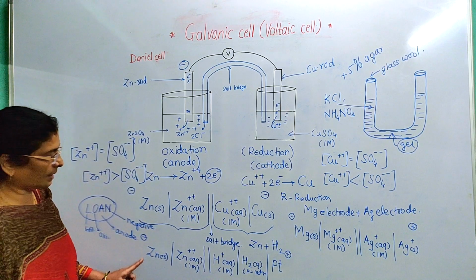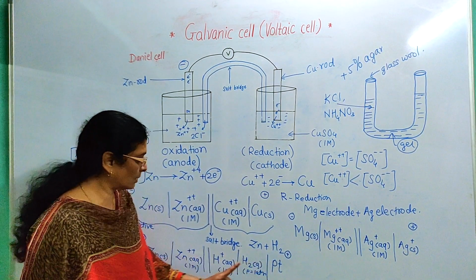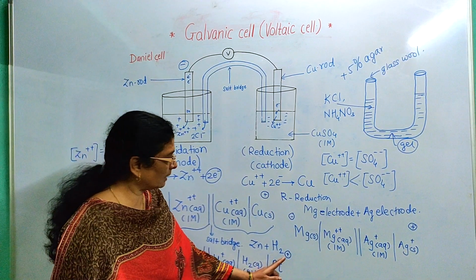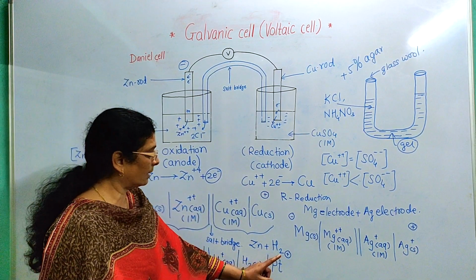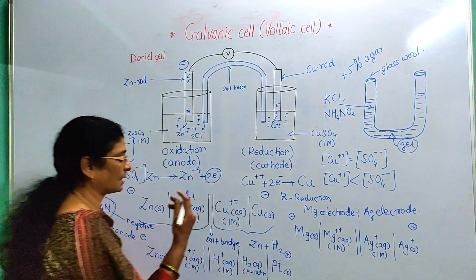So for the representation of a cell where gas electrodes are used, the condition is the same. On the left hand side or right hand side, a metal rod or solid substances are there.